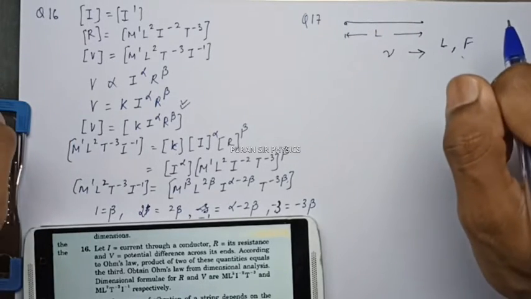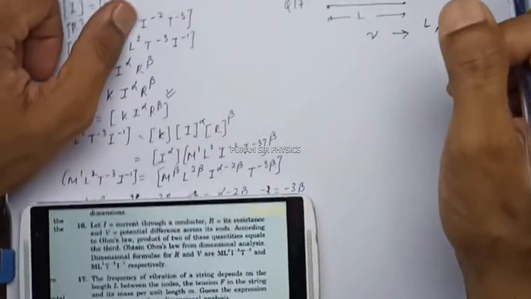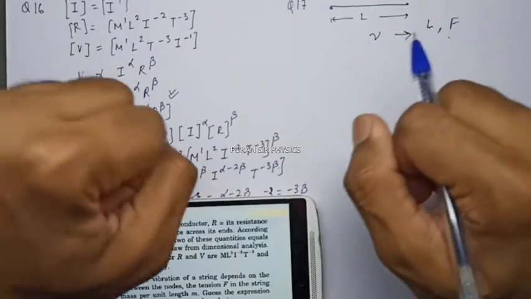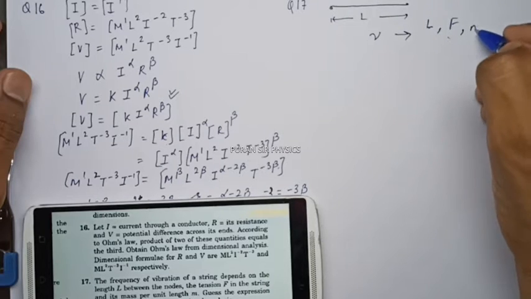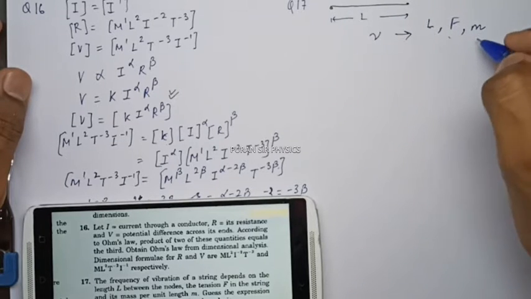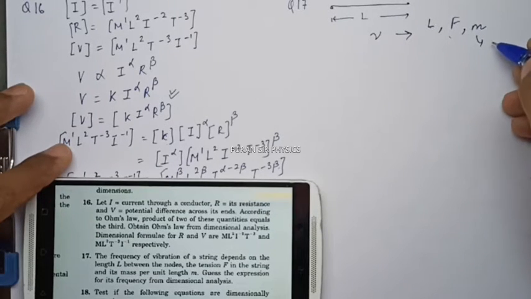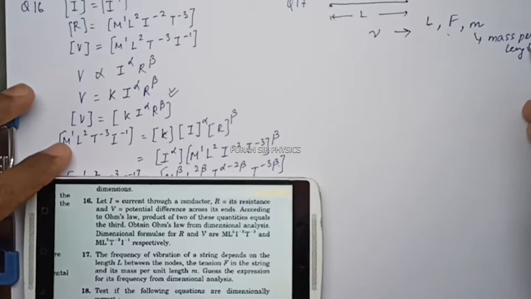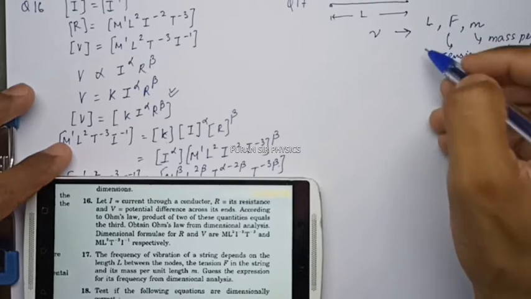When we stretch a string, there will be opposing forces in the string, and these forces are called tension. And M is your mass per unit length. So this is your mass per unit length, this is your tension, and this is your length.